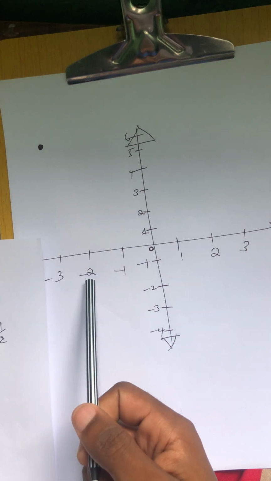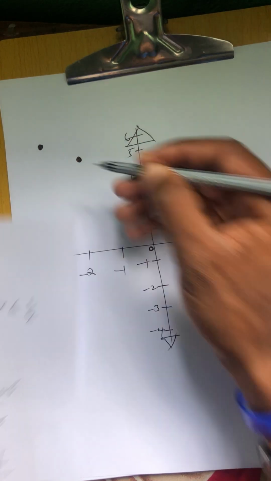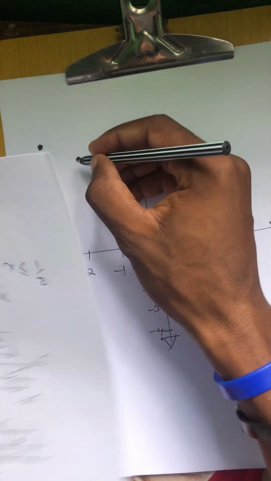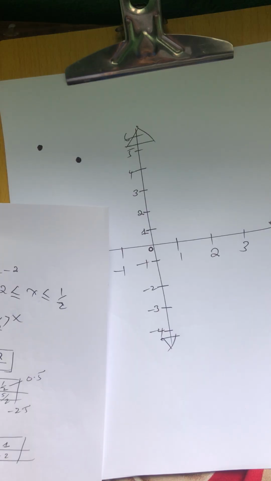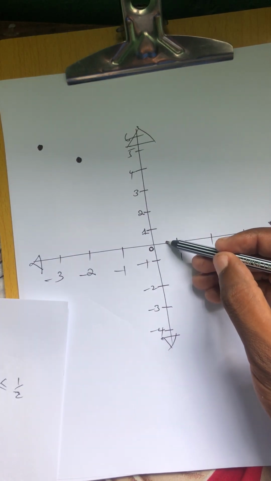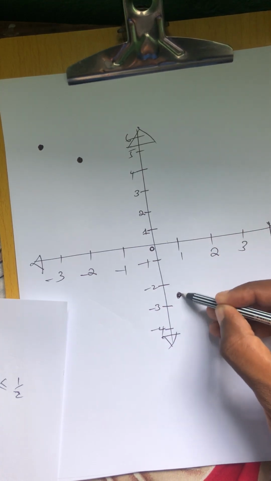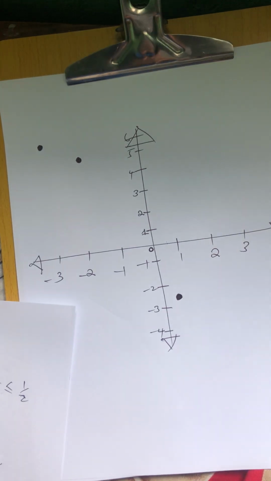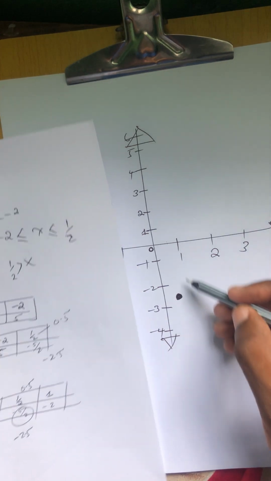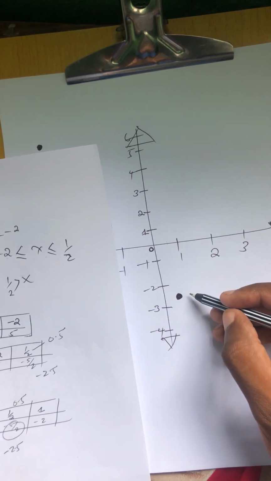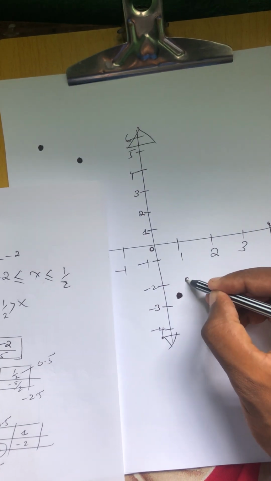Then negative 2, 5, it's somewhere here. Then negative 2, 5, it's just the same point here. Then 0.5, negative 2.5. So 0.5 is here, positive. Then negative 2.5 is in between negative 2 and negative 3 here. Then here, same point. Then there are 2, 1, and 1, negative 2, here. So you have it here like that.